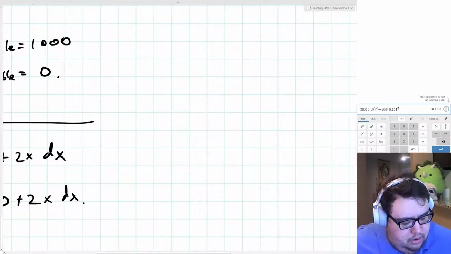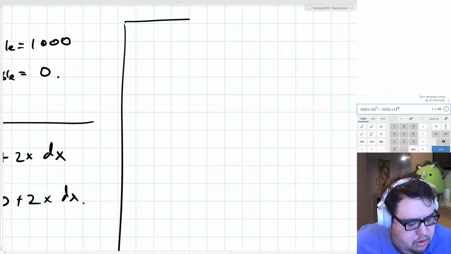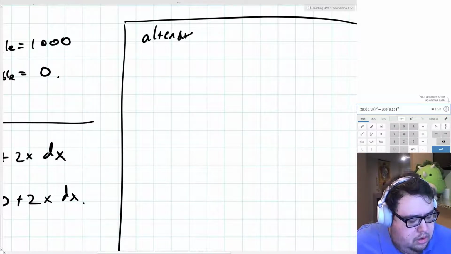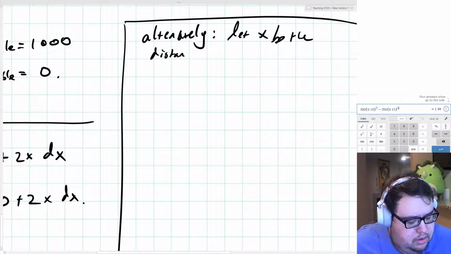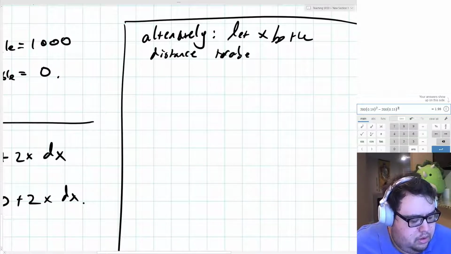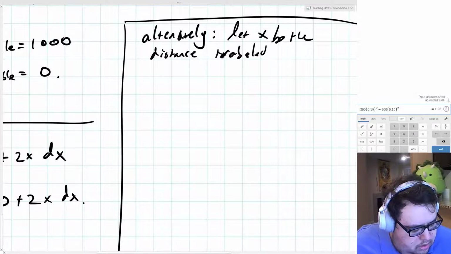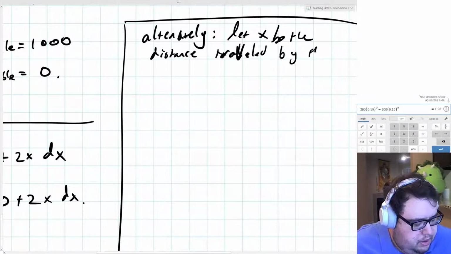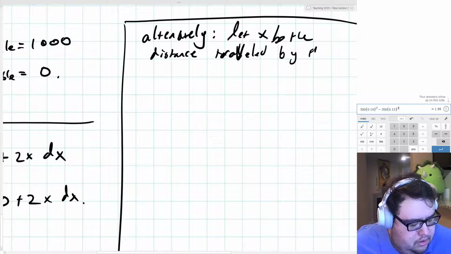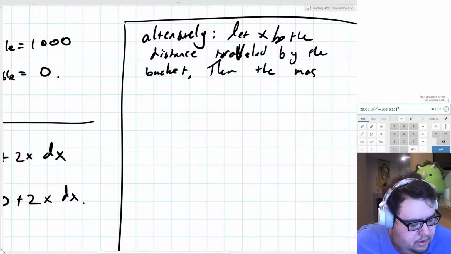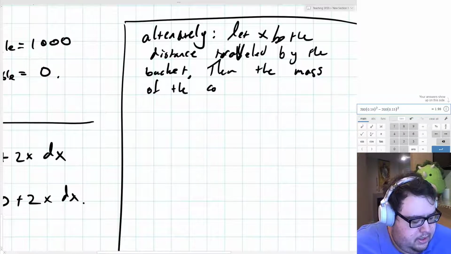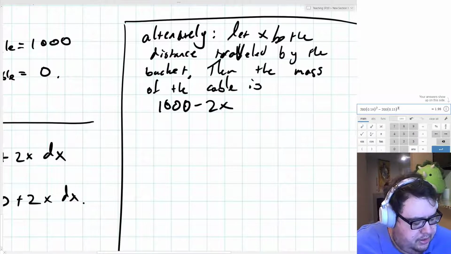Alternatively, we could let x be the distance traveled by the bucket, then the mass of the cable is 1,000 minus 2x instead.